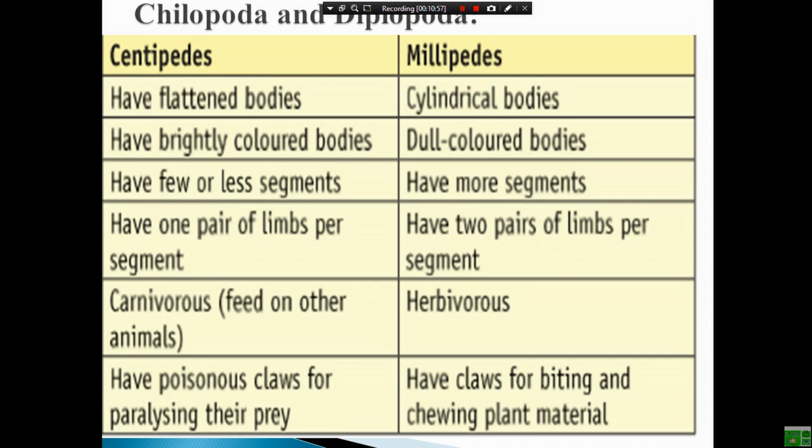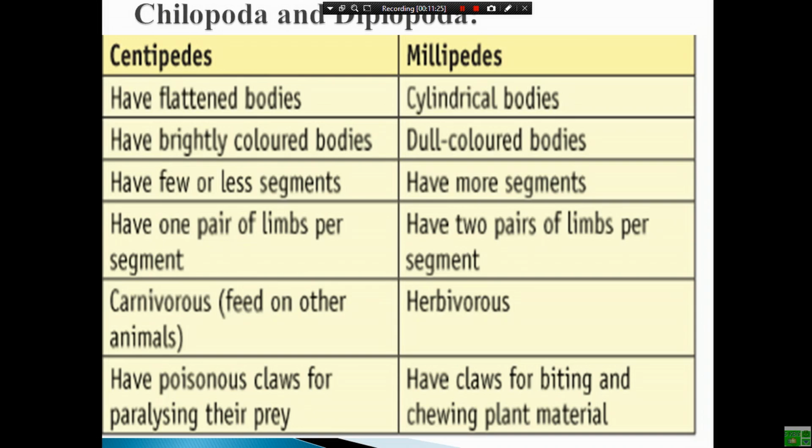Centipedes have one pair of limbs per segment. In one segment, one pair of limbs, which means 2 limbs. And millipedes have 2 pairs of limbs per segment, which means that the leg number is twice that of centipedes. And the number of limbs of centipedes is half that of millipedes. Centipedes are carnivorous. They feed on other animals, or they are flesh eaters.